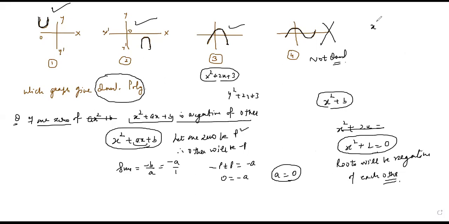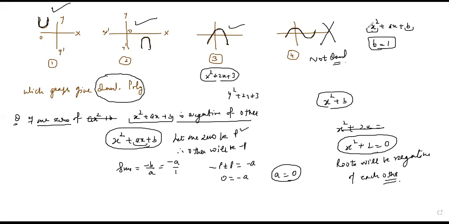Suppose again there is a polynomial, and he is saying the roots are reciprocal. If the roots are reciprocal, then the coefficient of x square and b must be equal. So what will the value of b be here? 1. Why? Because b is attached with x square.